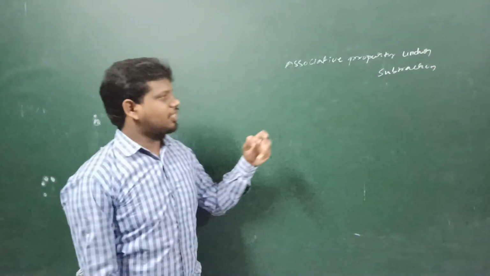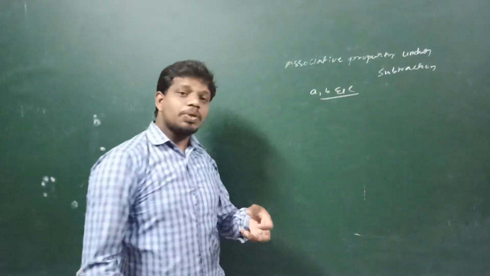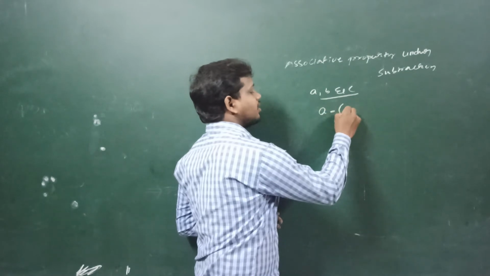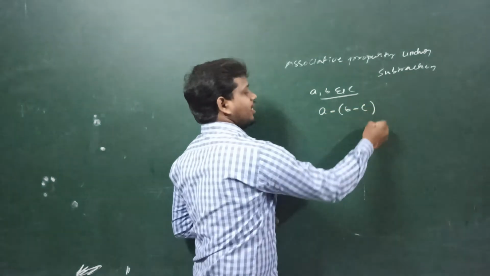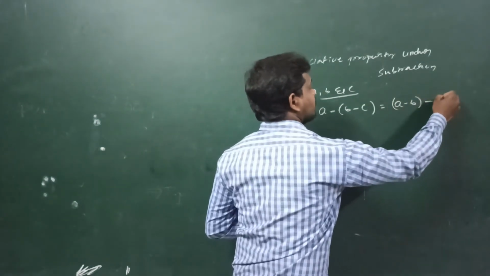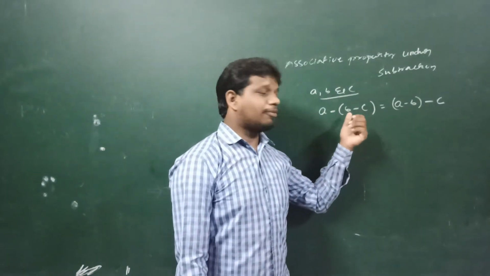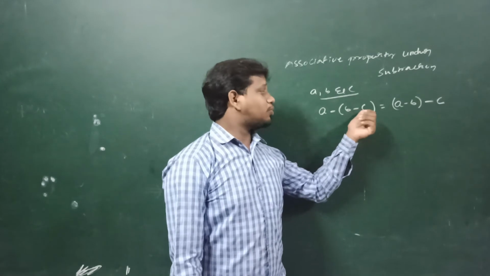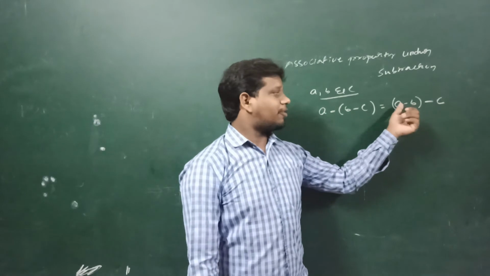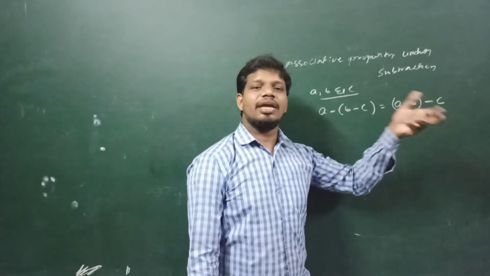So here see, children, if A, B and C are rational numbers and if they satisfy the condition A minus of B minus C equal to A minus B of minus C, it means here first we subtract C from B, then this result we subtract from A. Okay, next here we subtract B from A, next C we subtract from the resultant of A minus B.